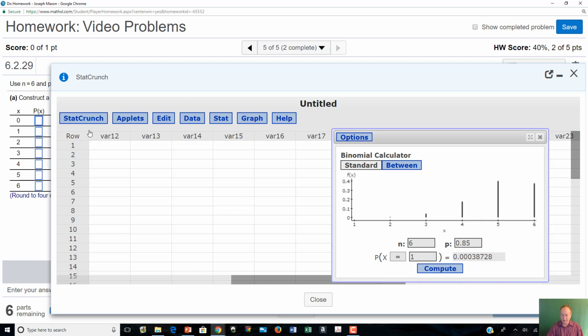I have to go back up here, take this one out, and put 0 in instead of 1. Start at 0. Compute.